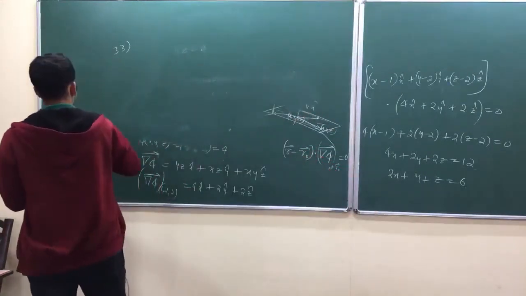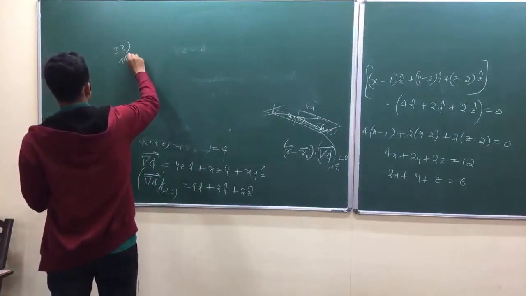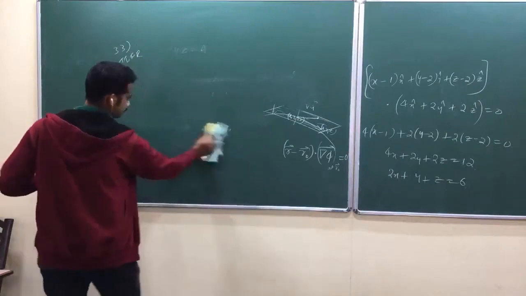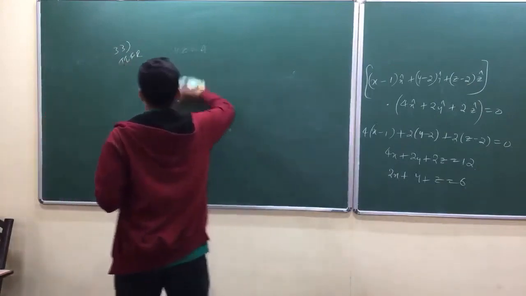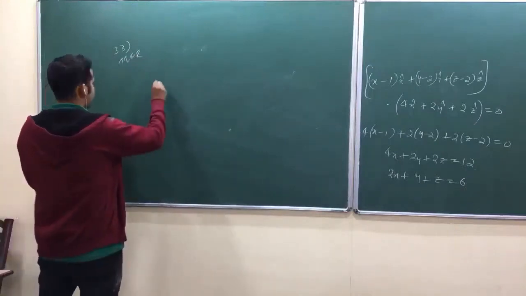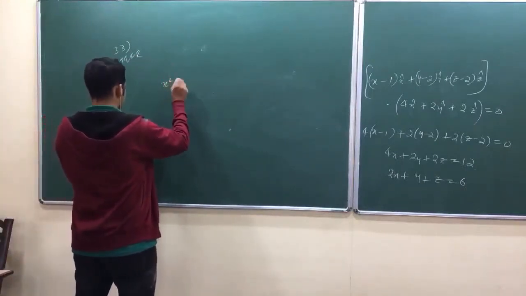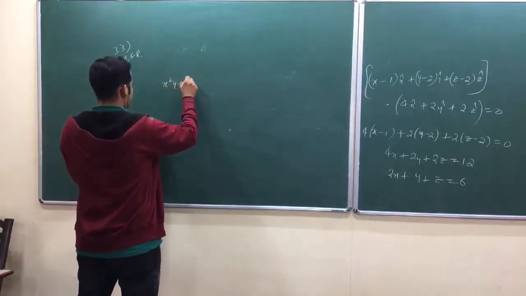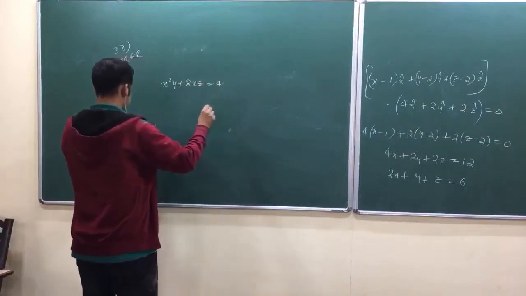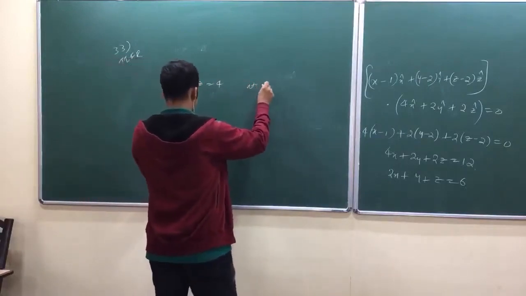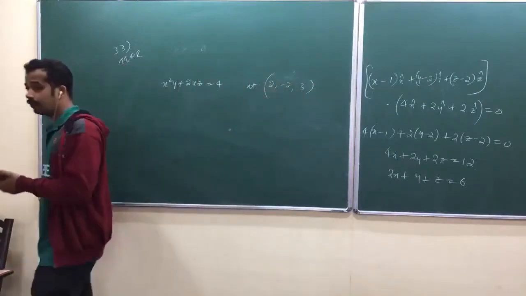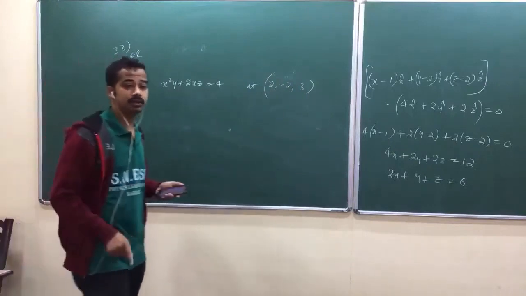Again, this is the 33rd question in the TIFR paper. Which of the following vectors is parallel to the surface x square y plus 2xz is equal to 4 at (2, minus 2, 3)?